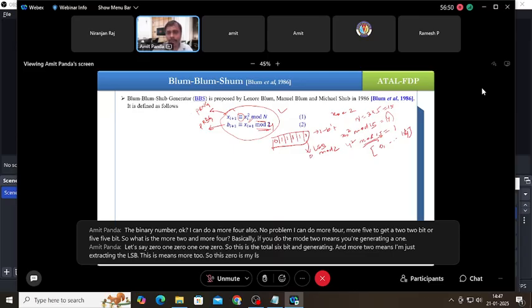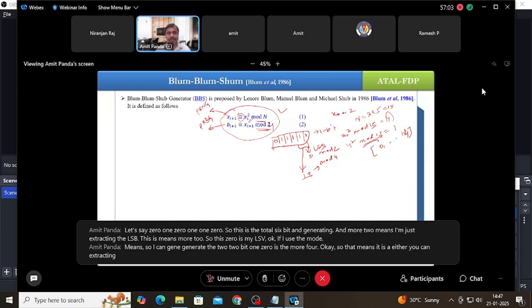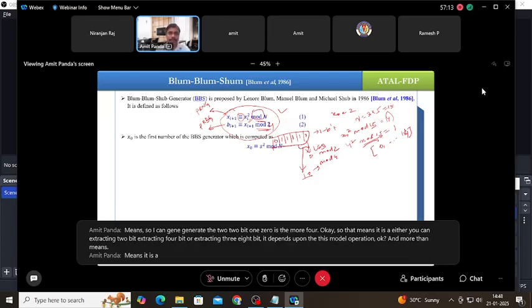If I use mod 4, I can generate the 2 bits, 1 0. So you can extract 2 bits, 4 bits, or 8 bits, depending upon this mod operation. And mod n means you are finding a remainder.